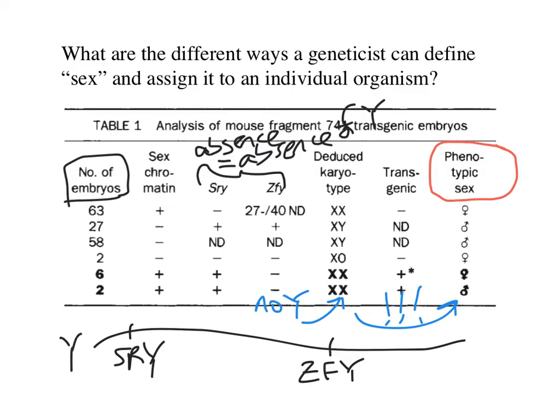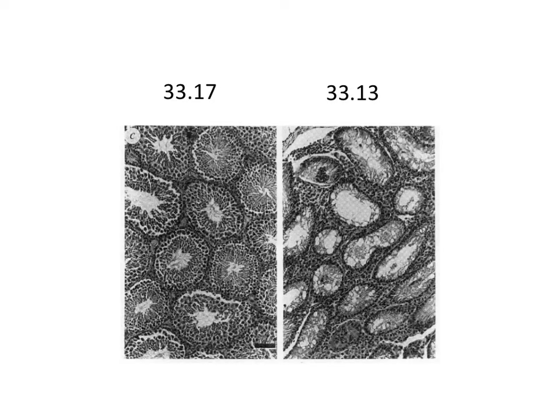But they did look at, in that previous panel, they looked at this. So there was something odd, different, I guess, about this mouse. These are both males. 33.17 was a control male. So these are, again, those testis tissue cross-sections.